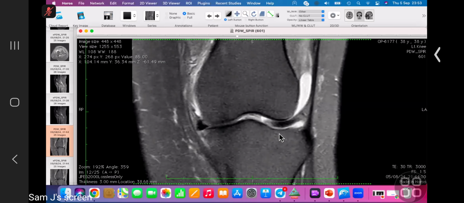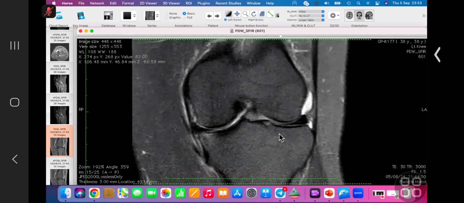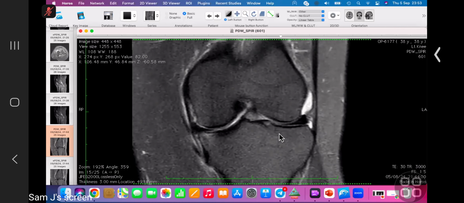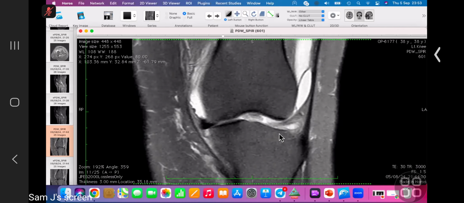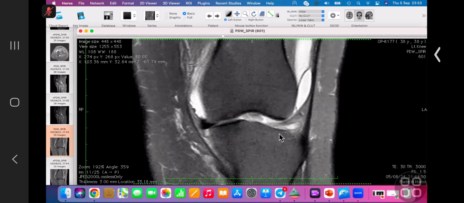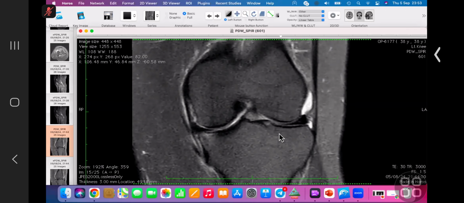There is an ill-defined high STIR signal surrounding both sides of the medial collateral ligament, so I think there is a tear, at least grade 2, of the medial collateral ligament. I'm trying to look for any associated osteochondral defects related to the trauma, which I cannot appreciate. There is also a little bit of avulsion, maybe in the lateral tibial spine at this image.